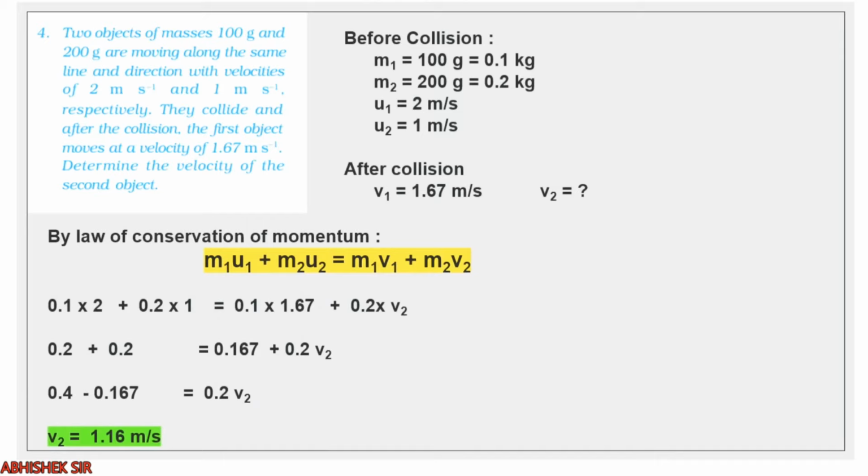So finally we have the value of V2 as 1.16 meter per second. After simplification you get this value. This question will appear tough because there are small values as well as decimals, but if you follow the law of conservation of momentum, it will be very easy.